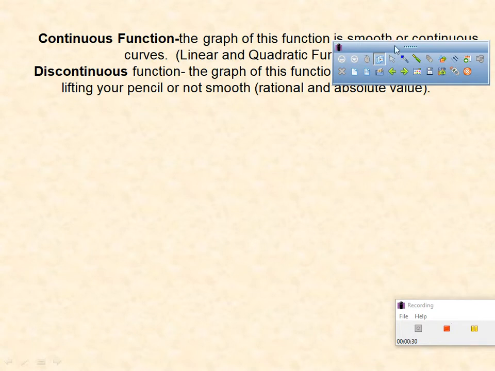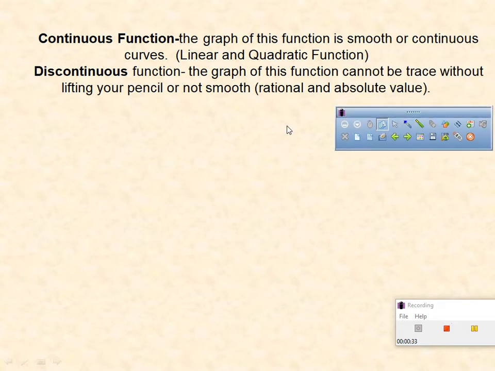All right, you don't need to copy this down, but let's talk about what makes a continuous function a continuous function. This is not the formal definition, but basically, if you can take any graph and draw it with a smooth, continuous curve, like your linears and your quadratics, then those are what we call continuous functions.